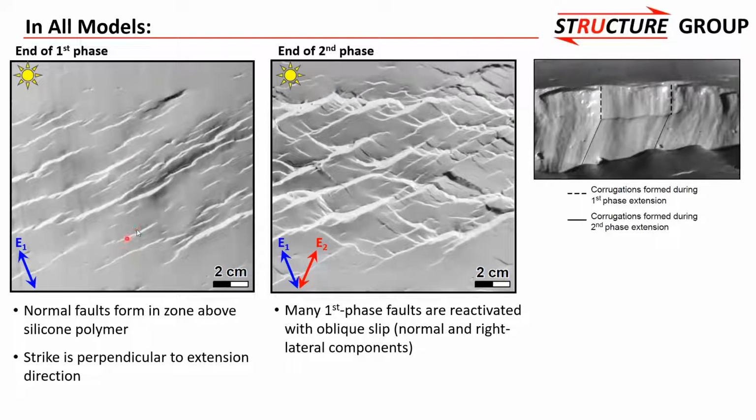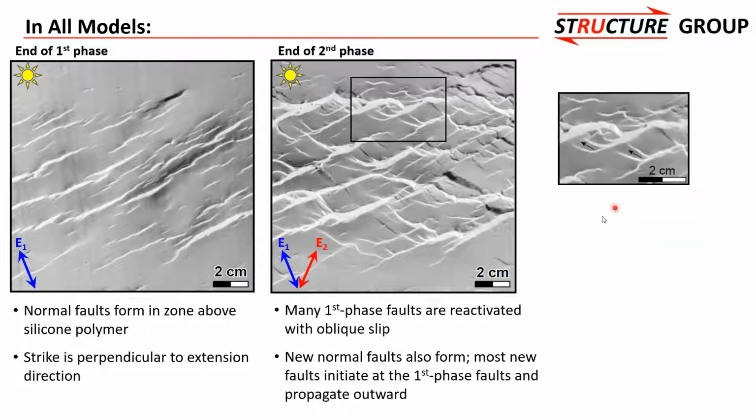They're subtle, but we can use these lines to help see the offset and the slip direction on the faults. In addition, there were some faults where we could actually see corrugations on the fault surfaces from the first phase and second phase, as you can see here in this picture on the far right. And this really does highlight the first phase with the dip slip behavior, and then reactivated second phase faults that definitely have oblique slip on them.